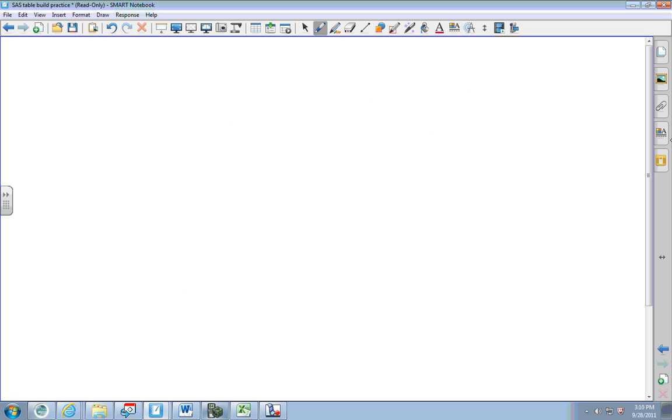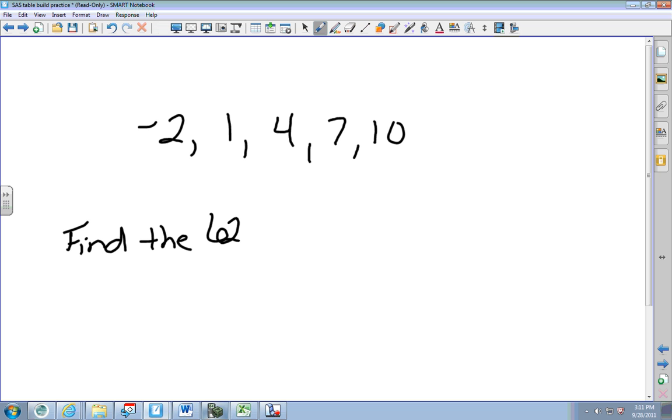Another problem you may run into, it may give you a sequence, something like this, and they want you to find the equation of this sequence to be able to find, like, they're going to give you a sequence, and they're going to say find the 62nd term.